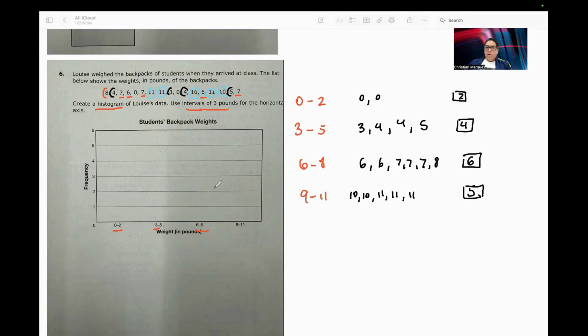So now, from this range from 0 to 2, I have only two numbers, so I can draw this graph right here. From 3 to 5, I have 4, so do this. Okay. Then I have, hold on, let me make this nicer.